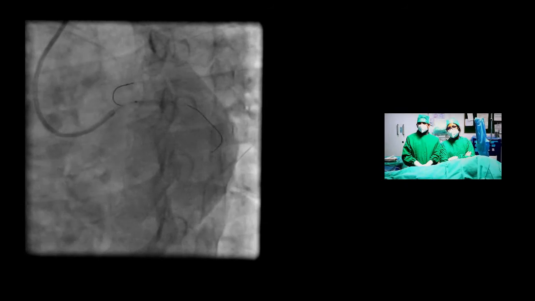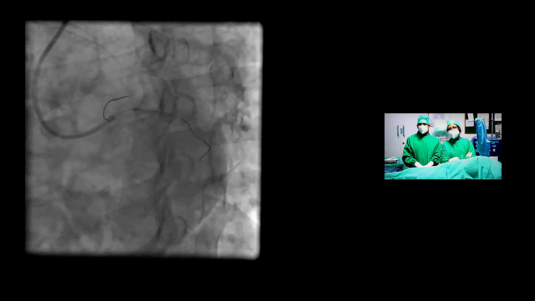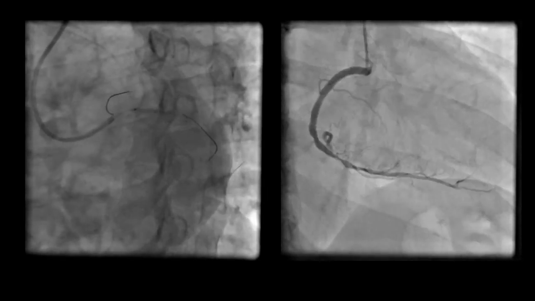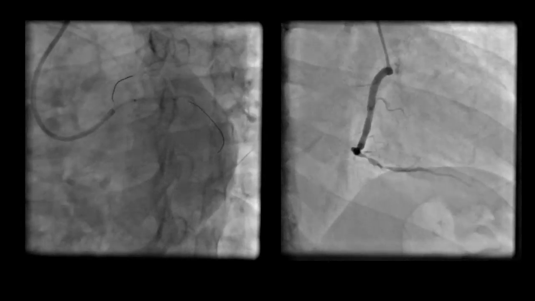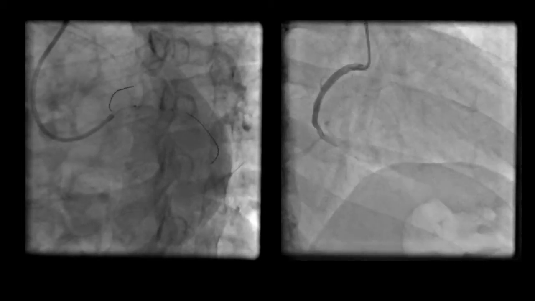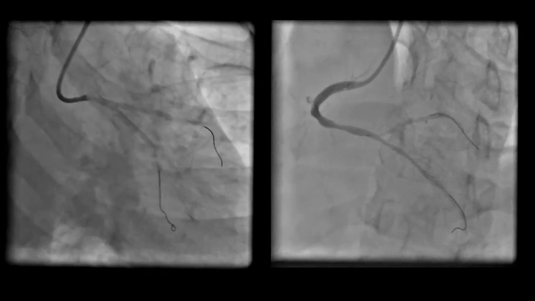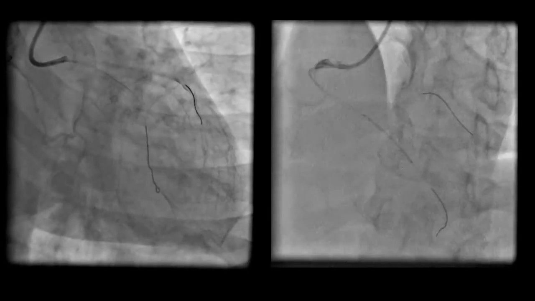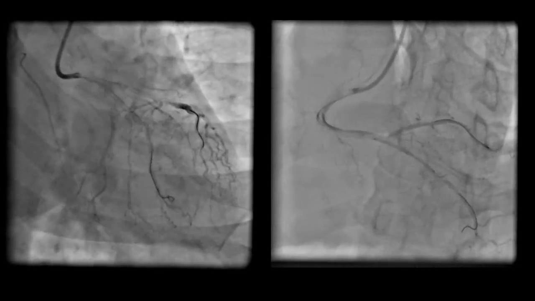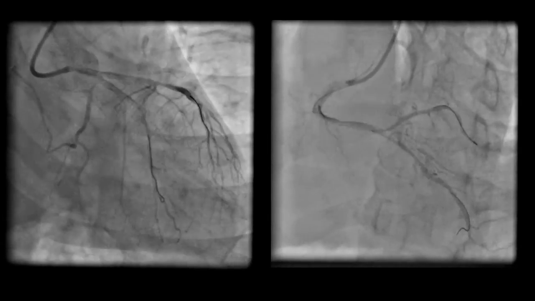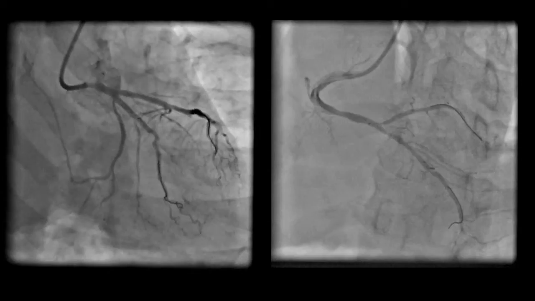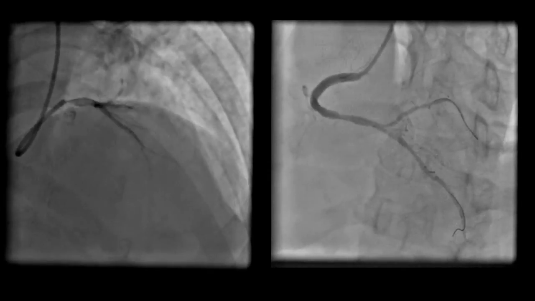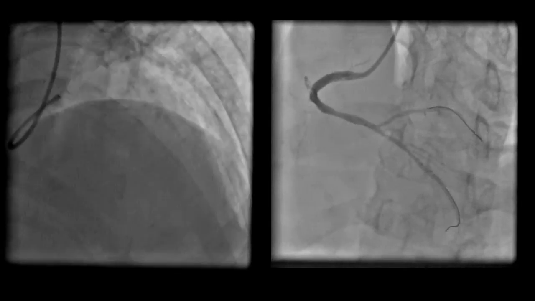In view of the contrast load, we did not do the OCT of the LCx. So in conclusion, what was a culprit lesion in the RCA, we decided to stent with a single stent crossover approach, and with the help of physiology and with the help of OCT, we decided to leave the proximal RCA lesion and the distal RCA lesion, and we decided to stent just the PDA with a crossover approach.